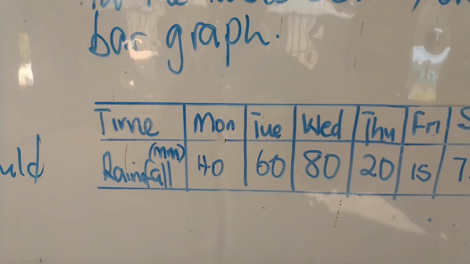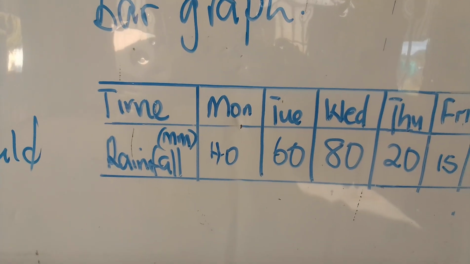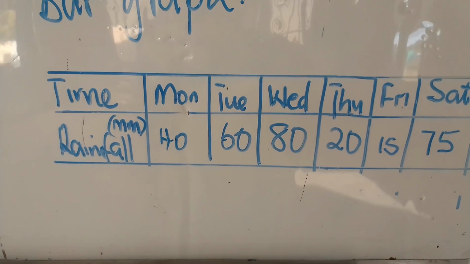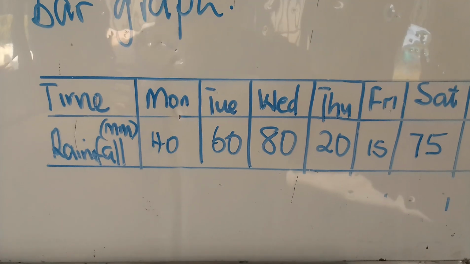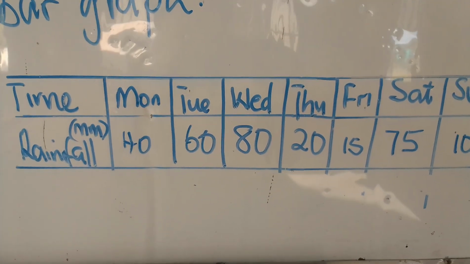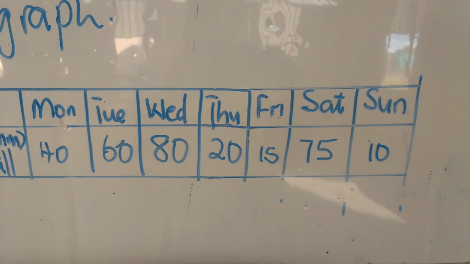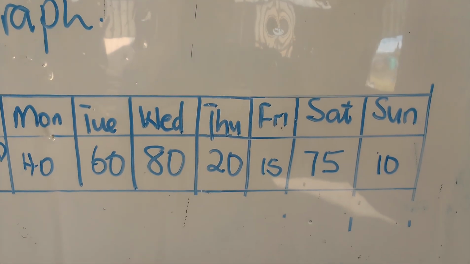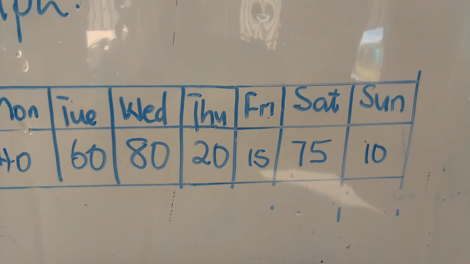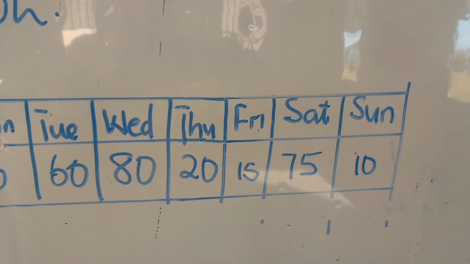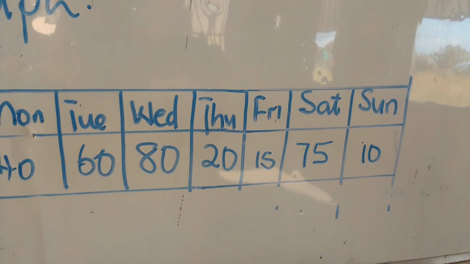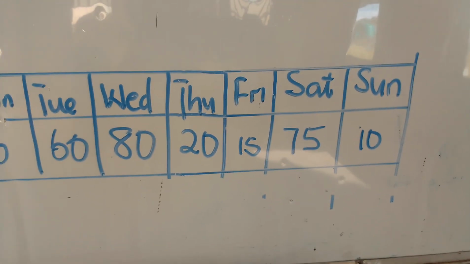And the dependent variable is the rainfall, which is in millimeters. That is Monday 40 millimeters, Tuesday 60 millimeters, Wednesday 80 millimeters, Thursday 20 millimeters, Friday 15 millimeters, Saturday 75 millimeters, and Sunday 10 millimeters.